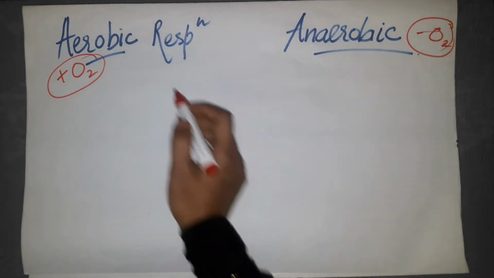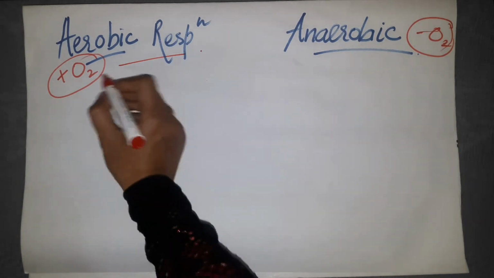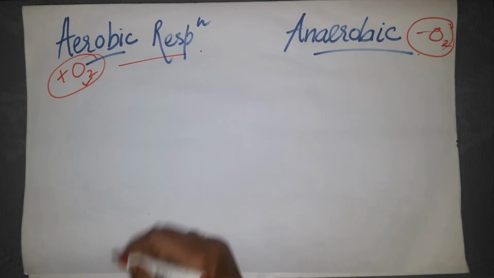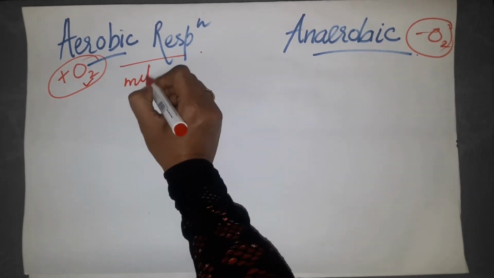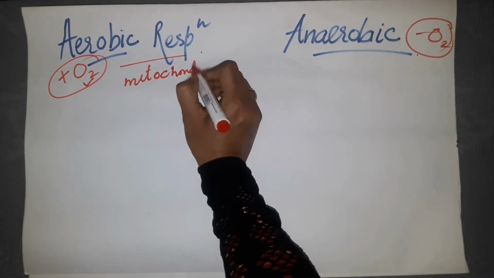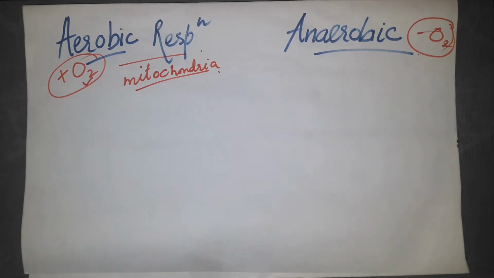So when there is aerobic respiration, there will be the complete oxidation of the food, and this will happen in the mitochondria. As you all know, the mitochondria is the powerhouse of the cell.